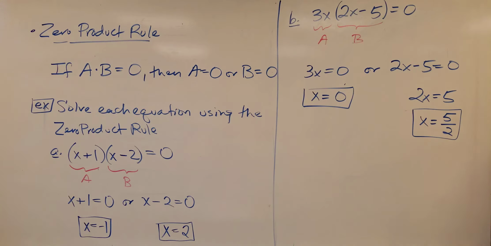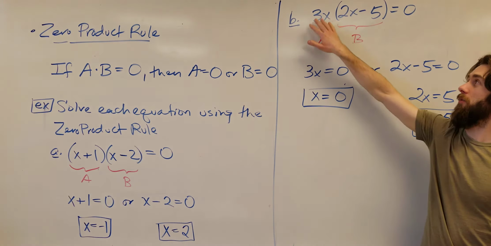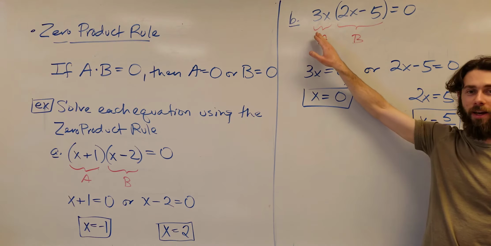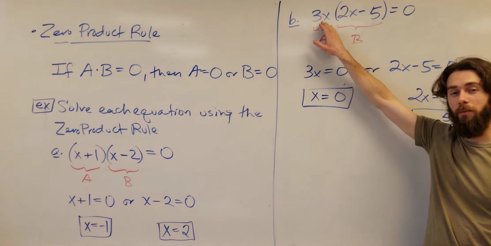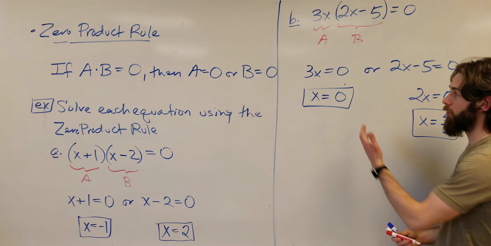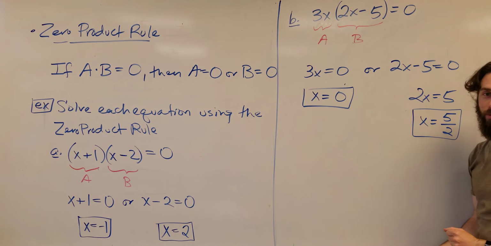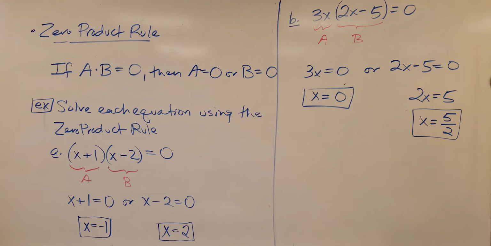So that's going to be a fairly common case to see. If you see an x, or maybe even an x squared, just a variable hanging out there with nothing added to it, that can immediately tell you 0 should be one of your solutions. But you should still use the zero product rule to split that equation off on its own.